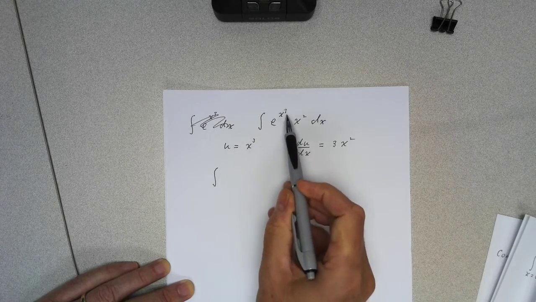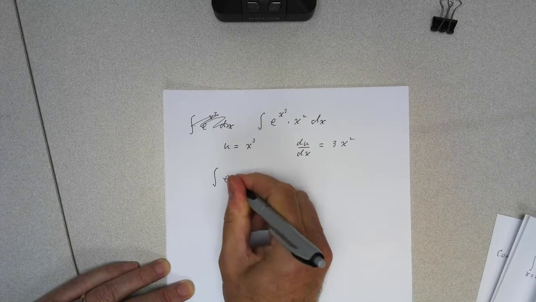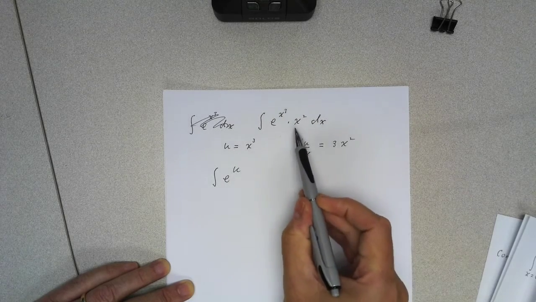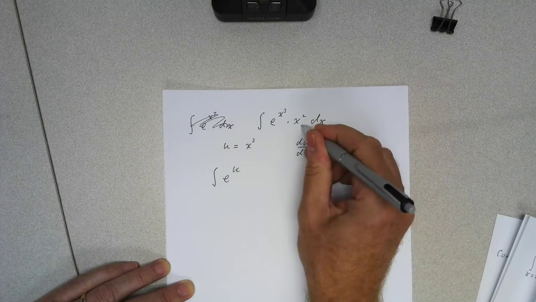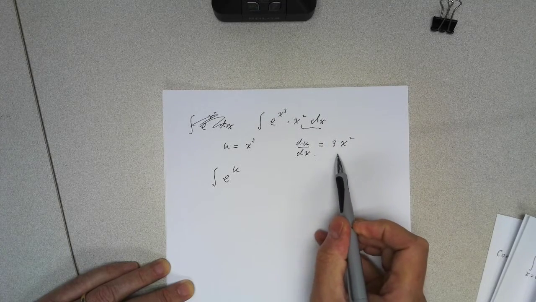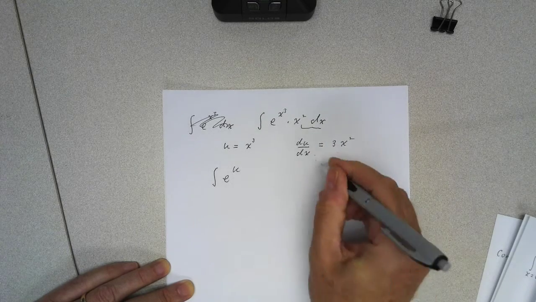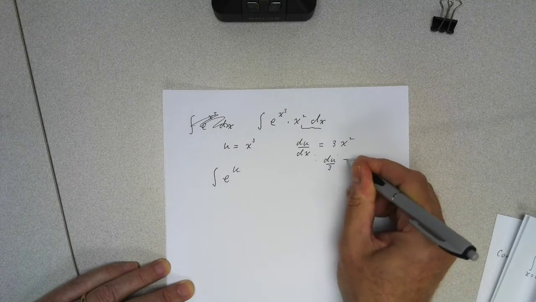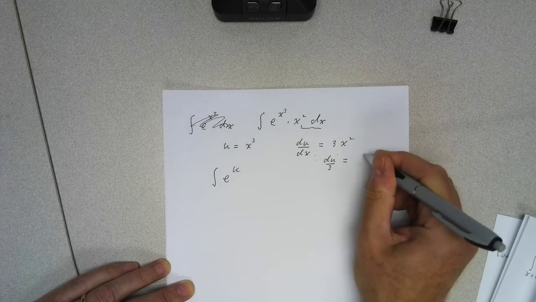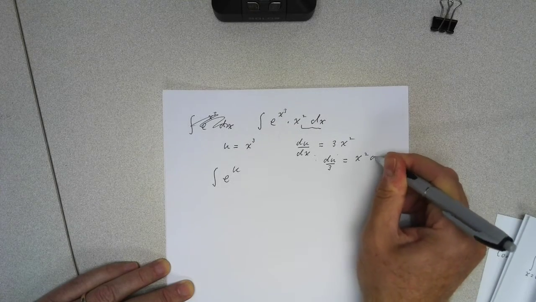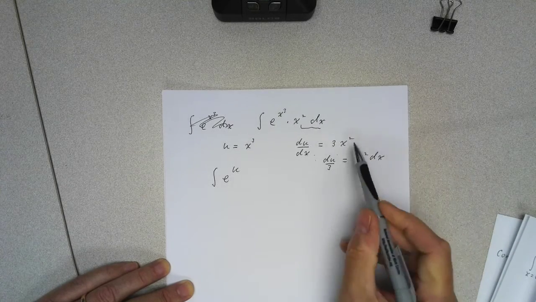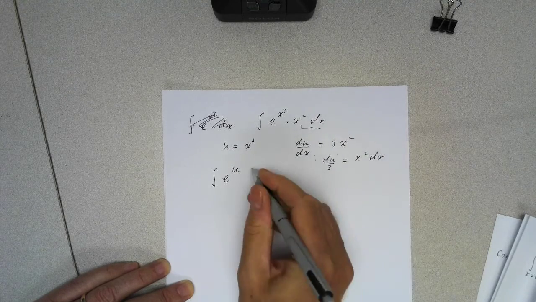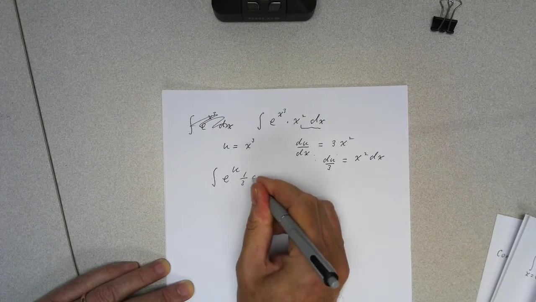So for example, e to the x to the third becomes e to the u, and now x squared dx, we can calculate what this quantity is by manipulating the derivative. If we cross multiply and divide by 3, du divided by 3 is equal to x squared dx. And that means that we can replace this expression with du over 3, or 1/3 du.